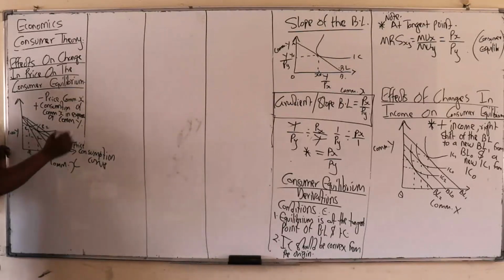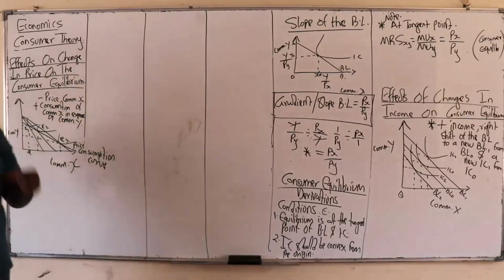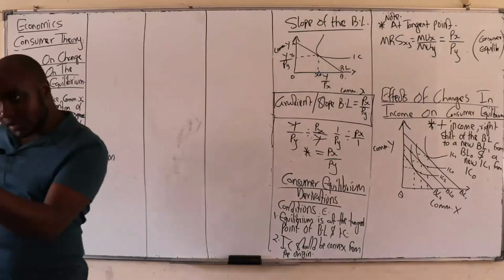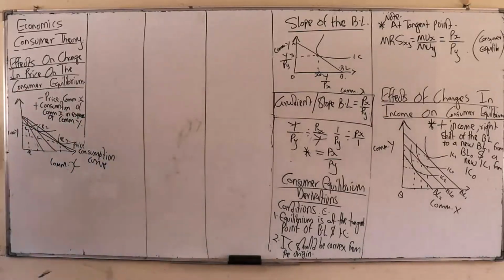And vice versa. Is that understood? Is that clear? Thank you. Emmanuel, is that clear? Ibrahim, is that clear?